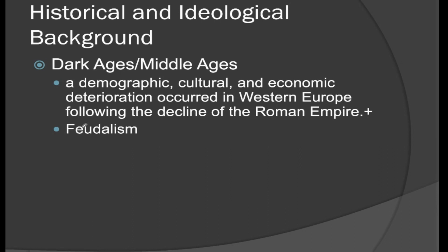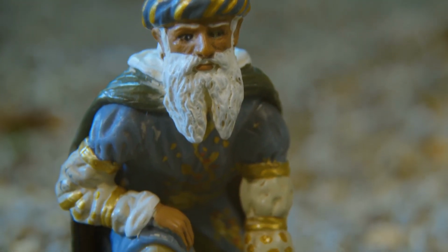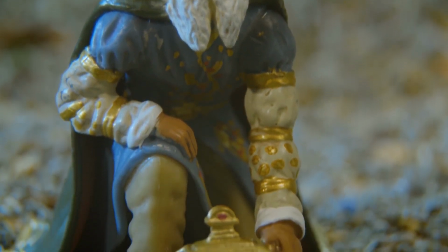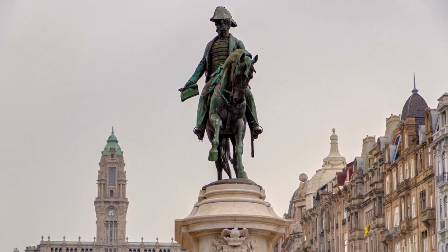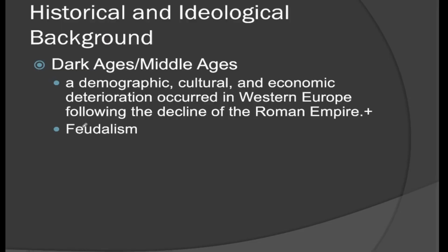And during this Dark Ages time, the main system governing the society in Europe is called the feudalist system or feudalism. Under this system, the main authority is the king, and under the king, there are many landlords. Under the landlords, there are people working for the landlord, and these people are known as serfs.